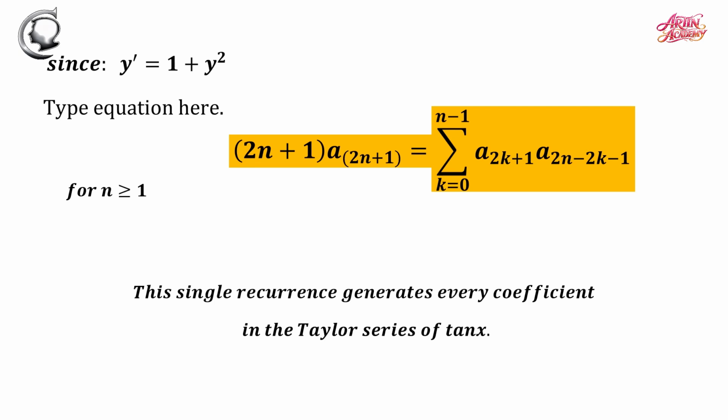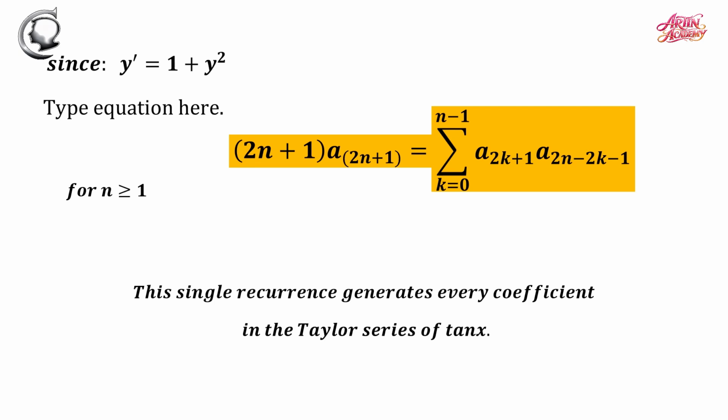The coefficient of x to the 2n in y prime is 2n plus 1 times a sub 2n plus 1. The coefficient of x to the 2n in y squared is the sum from k equals 0 to n minus 1 of a sub 2k plus 1 times a sub 2n minus 2k minus 1.